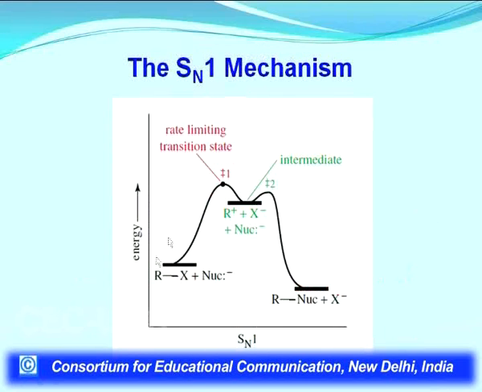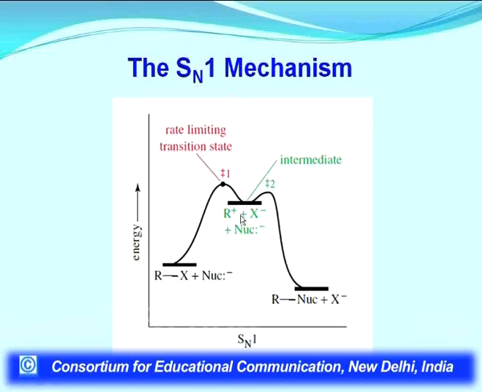The reaction coordinate can be shown like this: the alkyl halide and the nucleophile are interacting, but before the nucleophile has played any role, the alkyl halide has cleaved to form a carbocation and a halide ion, and now it is the role of the nucleophile to combine with this carbocation to give the product. So, this is the intermediate which is formed.